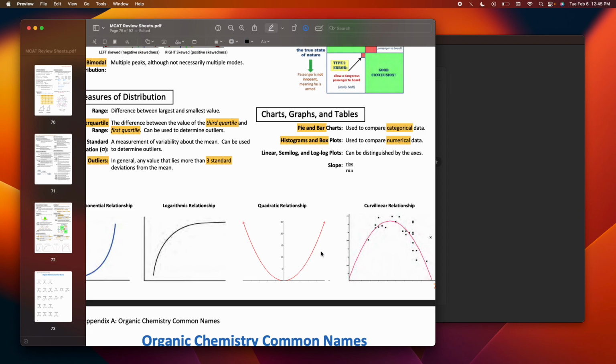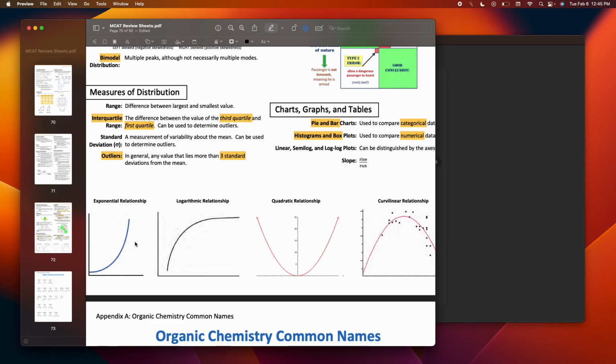So the more you rise compared to your running, it means that your slope is greater. So the slope here is 0. The slope here is 1 or more. And the slope here is -1 because it's falling.